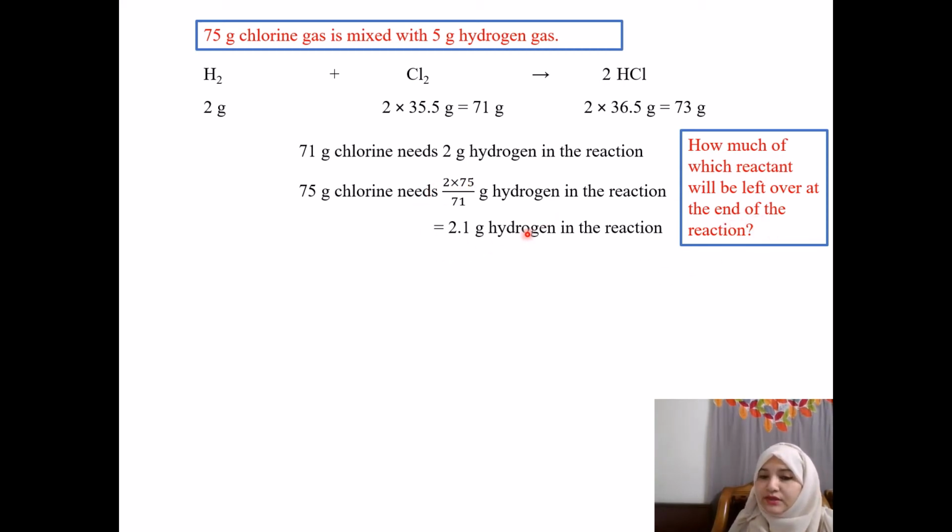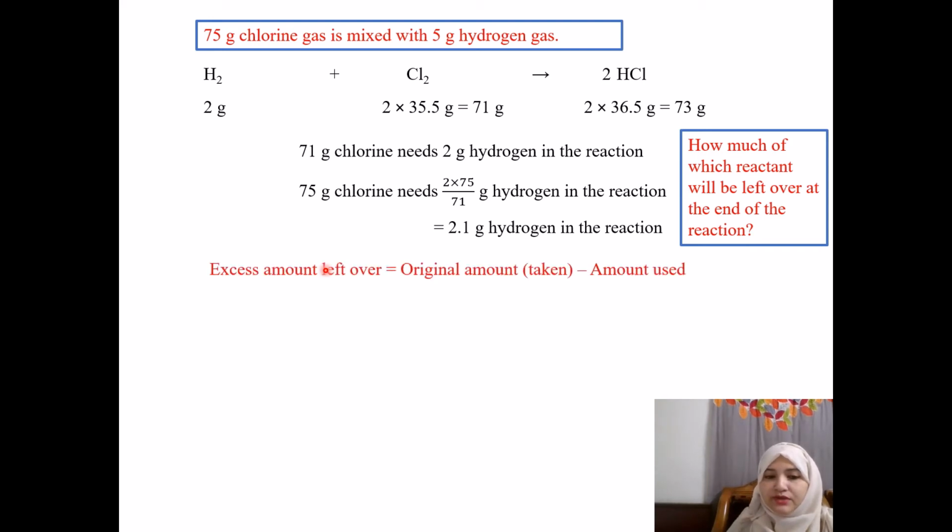So we can now easily calculate this excess amount of reactant using this formula. Excess amount left over is equal to the original amount, that means our taken amount, which is 5 gram hydrogen, minus the amount used, which is 2.1 gram.